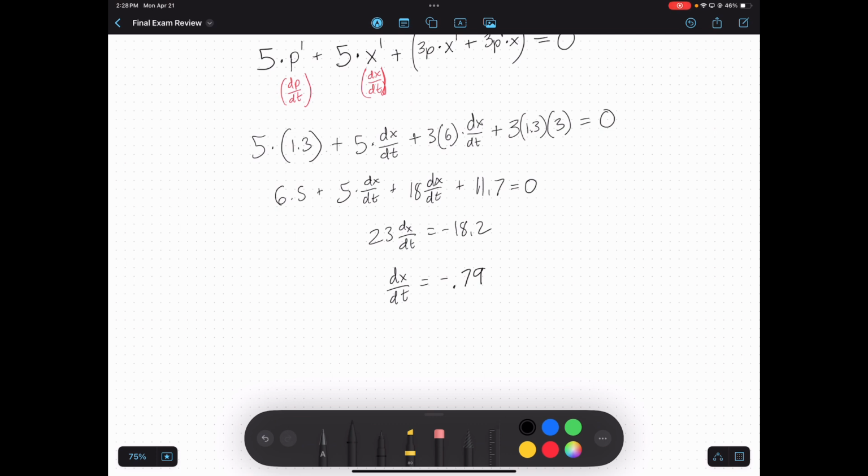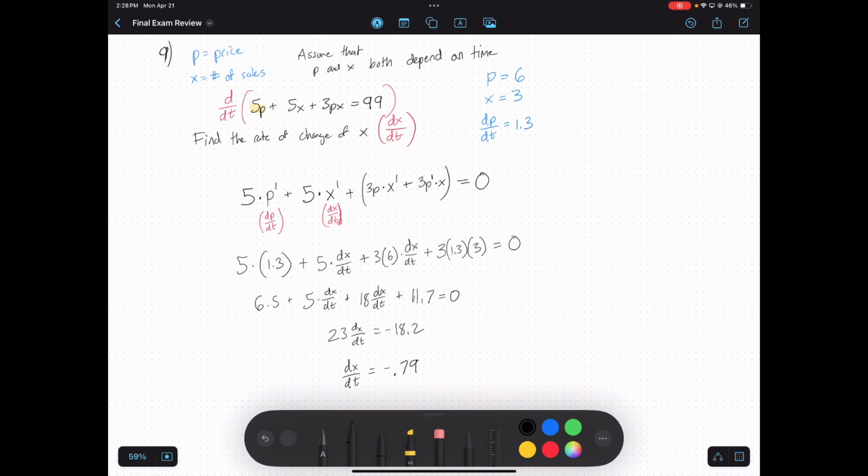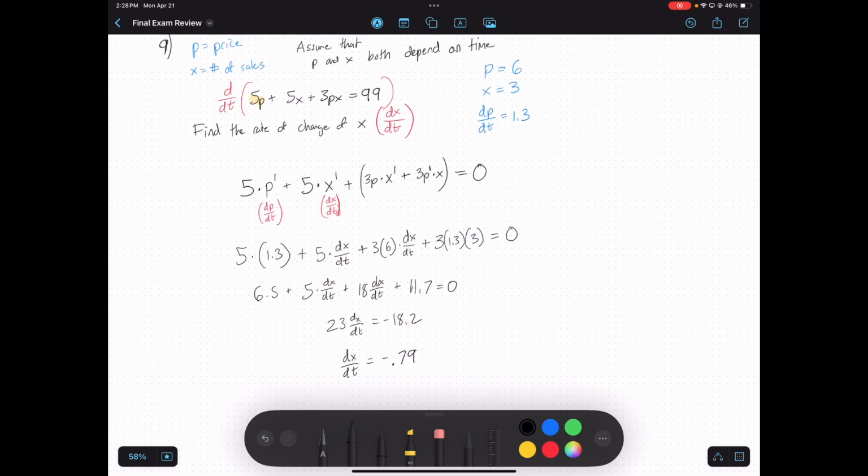I have a question. Negative 0.79 what? Dollars per unit time. Not dollars. That's what dP over dt would be, because dP is in terms of price. So it'd be talking about dollars.